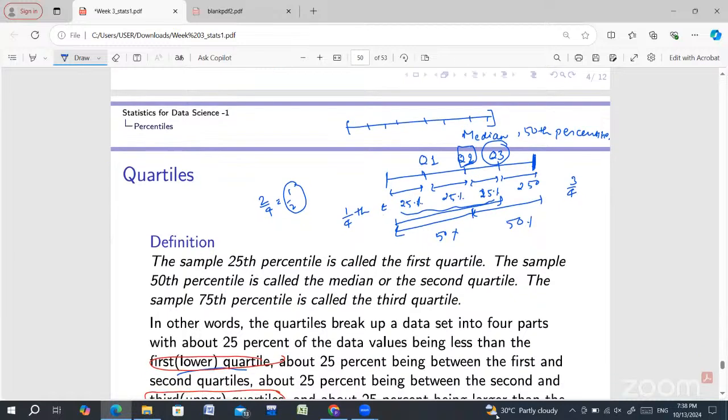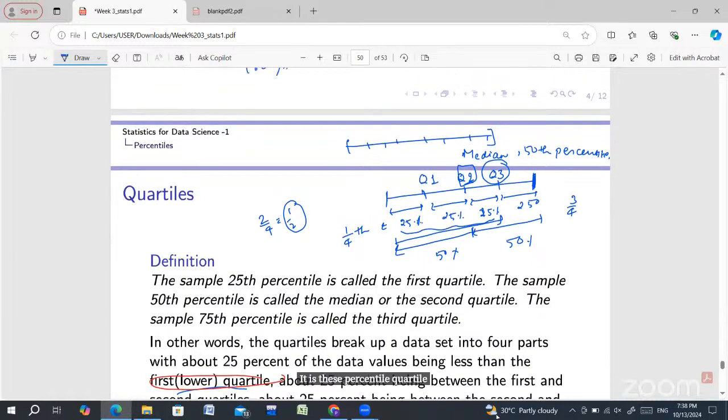These percentiles and quartiles are just giving you an understanding of how the data set is, how much proportion of the values lie below a particular point or above a particular point.